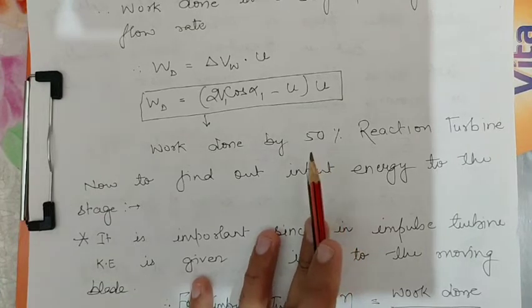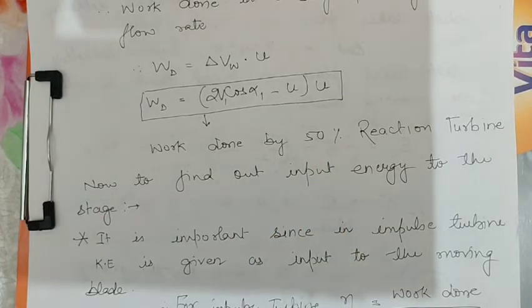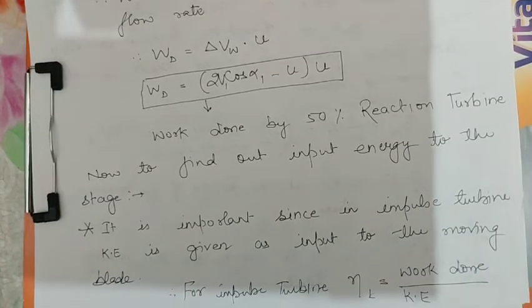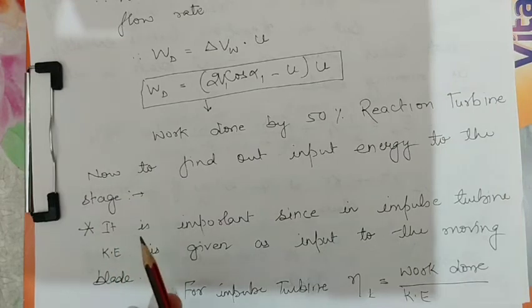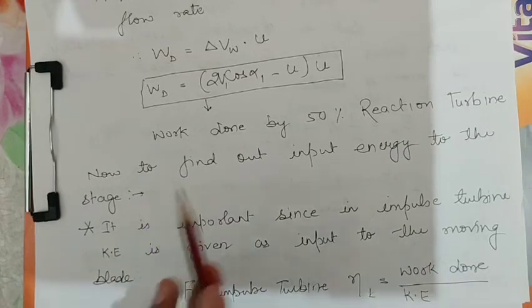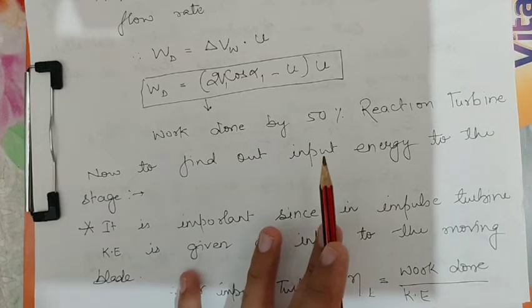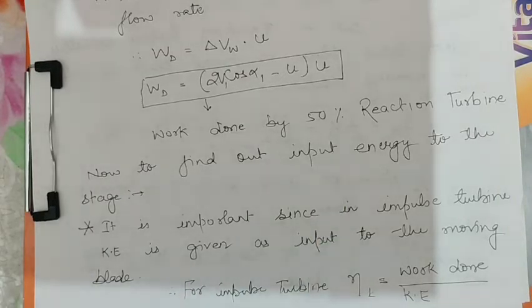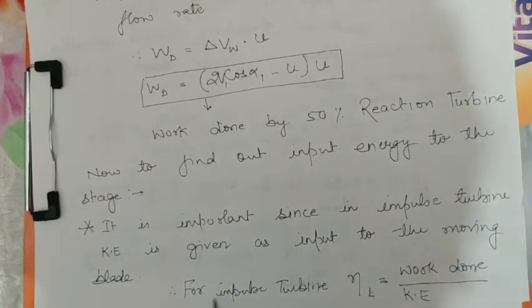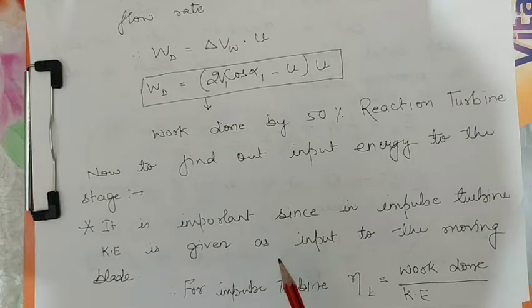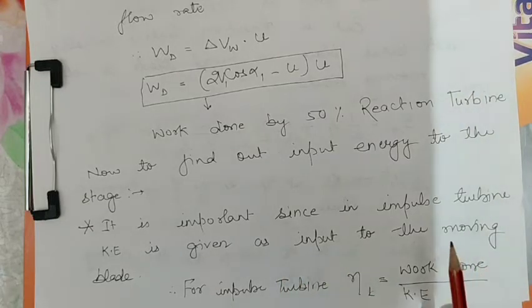Now the next step is to calculate the amount of input energy. So what is the amount of input energy? It is important to calculate it because in the impulse turbine, kinetic energy is given as input to the moving blade only.